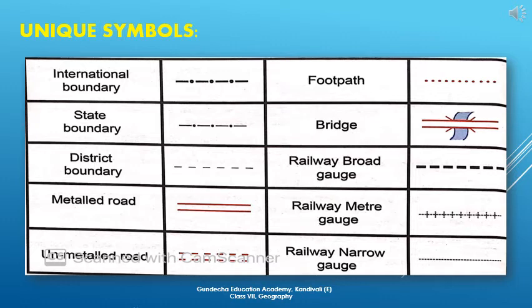Then meter gauge was used in olden days where the width between two tracks is 1 meter. Last one is narrow gauge. These are generally found in tourist destinations and have a distance of 0.762 meter between the two tracks. They are also known as toy trains and are generally seen in hilly regions.